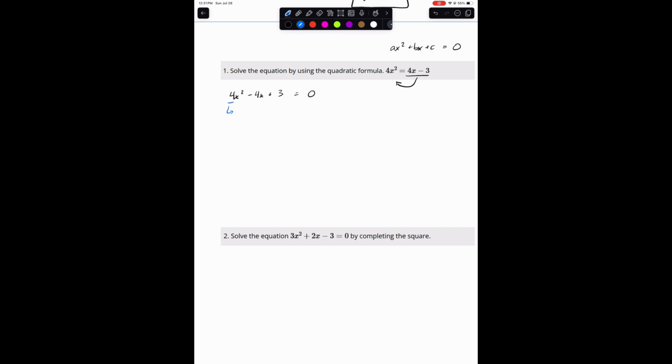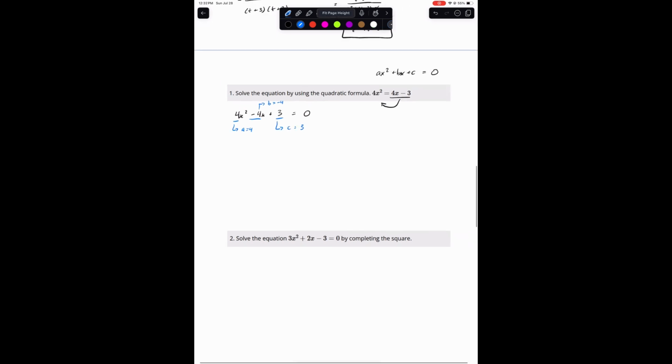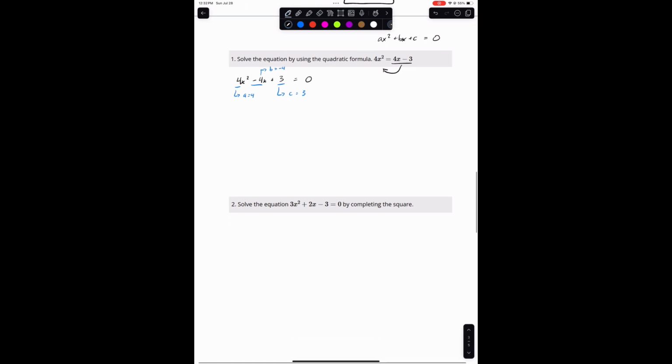This is our a. This is our b. And this is our c. Okay. So when we do our quadratic formula, it's negative b plus minus the square root of b squared minus 4ac, over 2a.